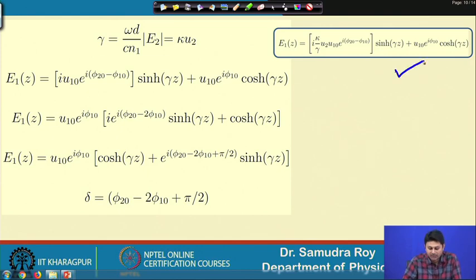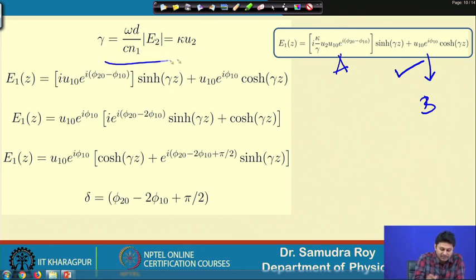So, E1 is equal to that quantity which is A and this quantity which is B, then sinh gamma z and cosh gamma z, which is the z dependent part. Now in this kappa gamma u2 we can replace this as 1, because in this expression gamma is equal to kappa u2.